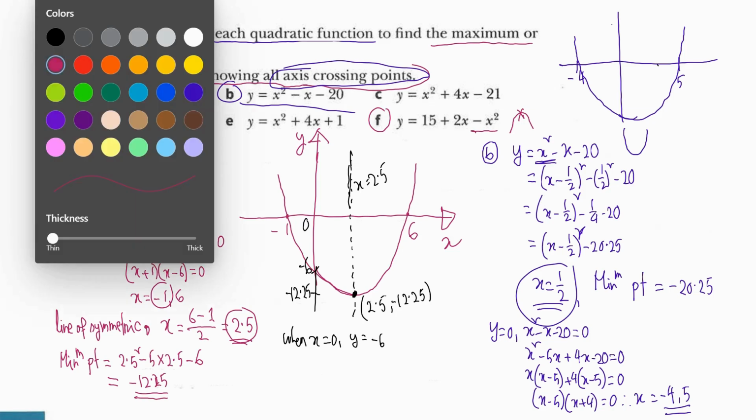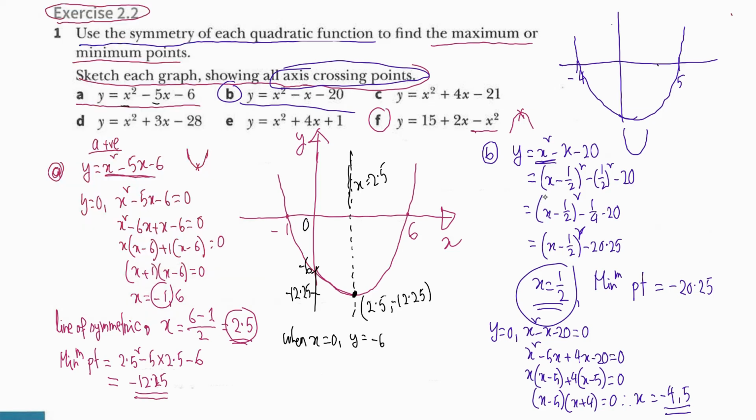I'm going to use a different color for the line of symmetry. This is the line of symmetry, which is x equals half, and its turning point is (half, minus 20.25).